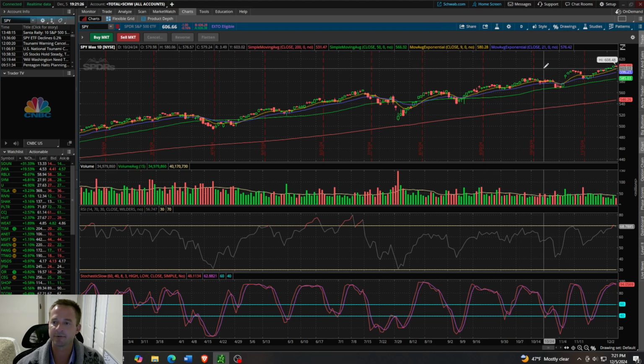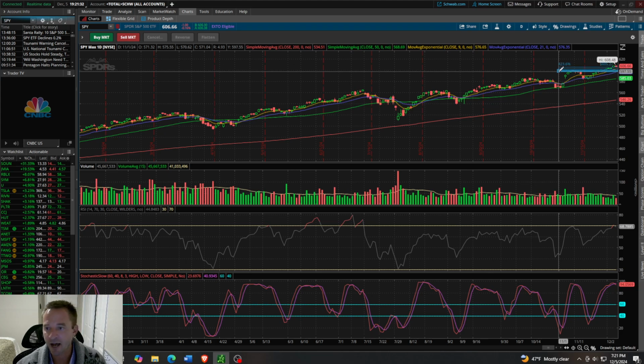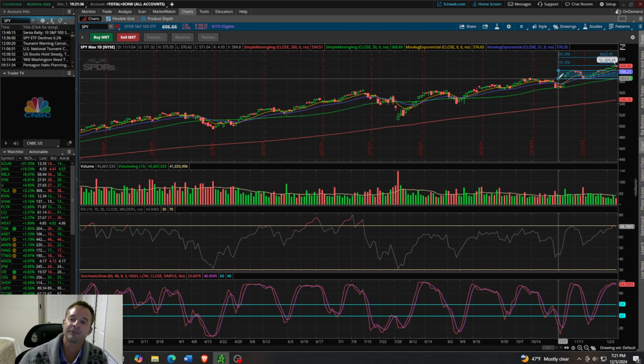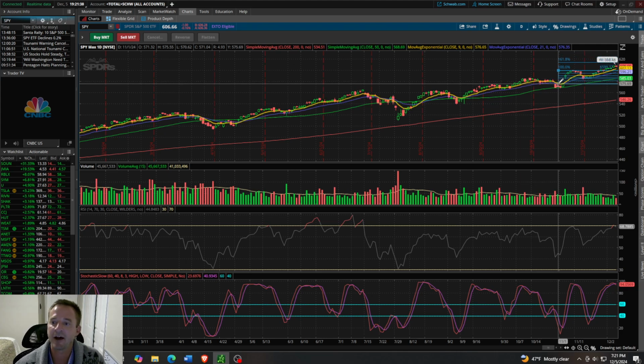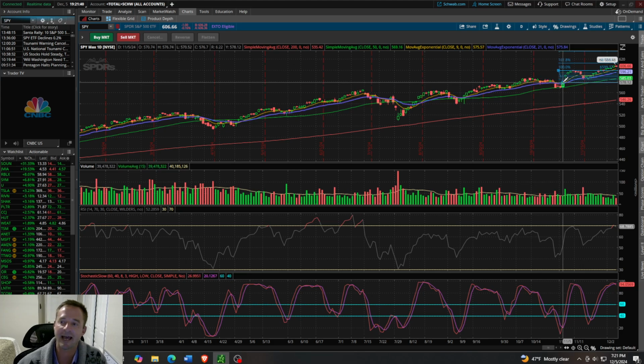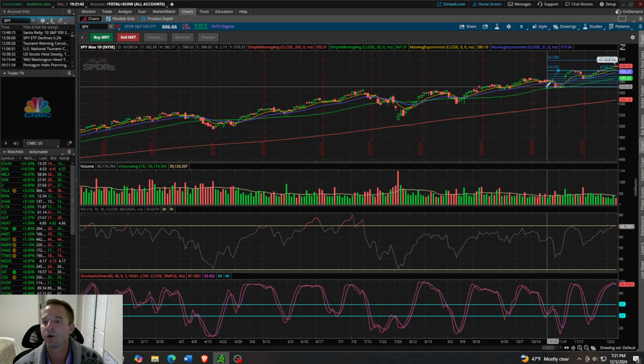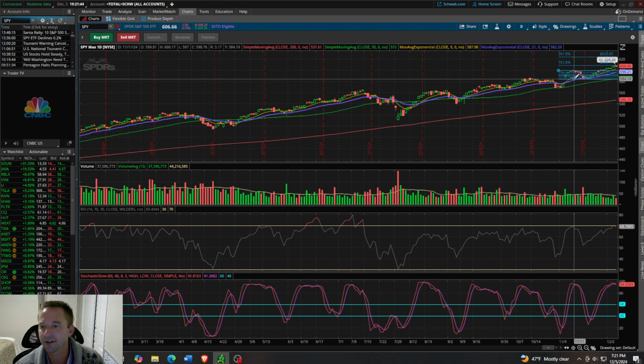I constantly try to improve, so it's not like I stick to one thing. Okay, so we're going to go from the top down to the bottom. And I'm pretty conservative, so I'm not going to go all the way down to the gap fill or all the way down here. I just go right here.